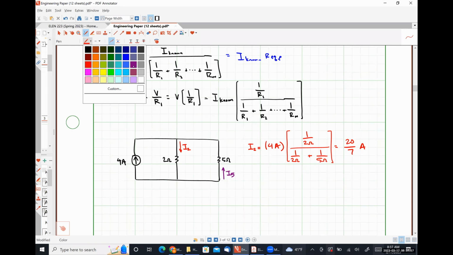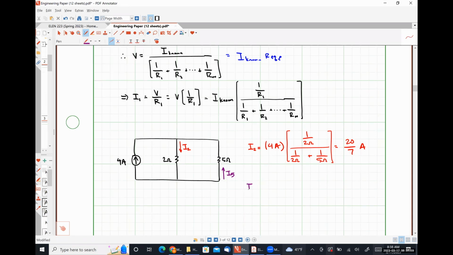When we're finding I5, we're going to do the exact same thing, but because the current is in the opposite direction as what we would expect, we're going to wind up including a negative sign. So negative 4 amps times 1 over 4 ohms, excuse me, 5 ohms. There is no 4 ohm resistor.